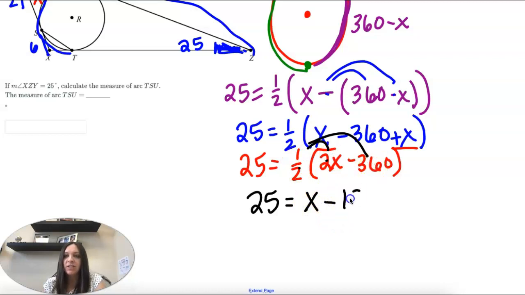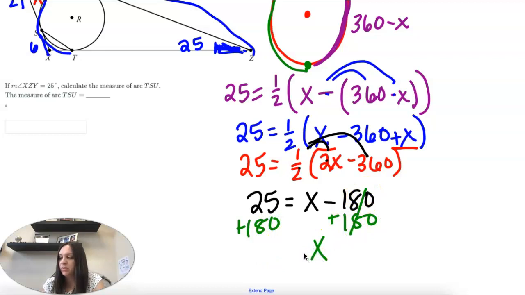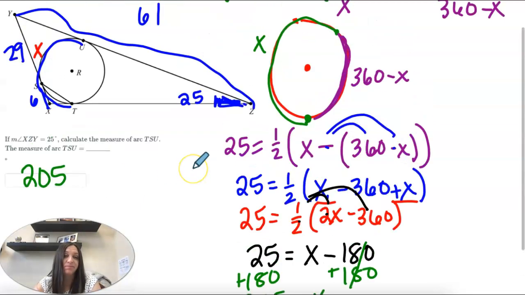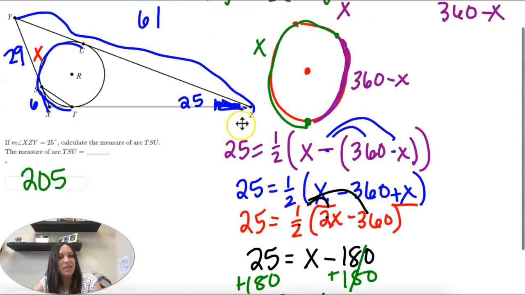Half of 360 is 180. And then we can add the 180 on both sides to get x by itself. So x equals 205. Okay, that one kind of takes some thinking with the circle. Remember, when you have two arcs, use the 360.